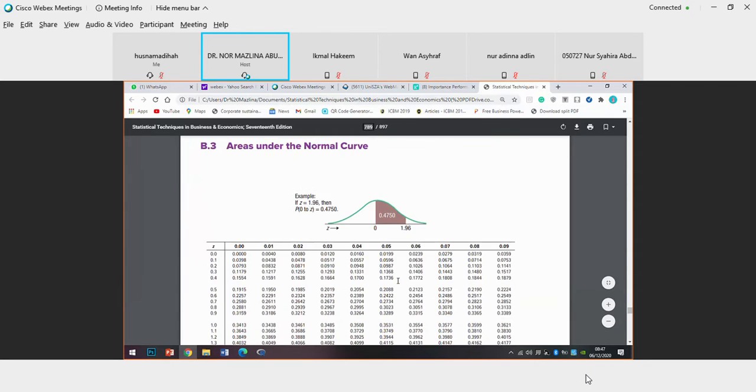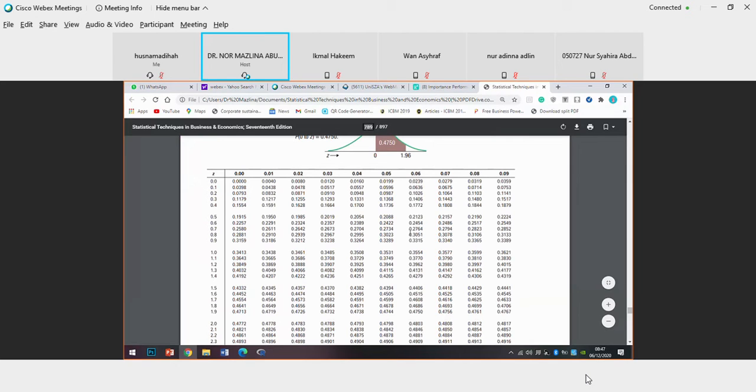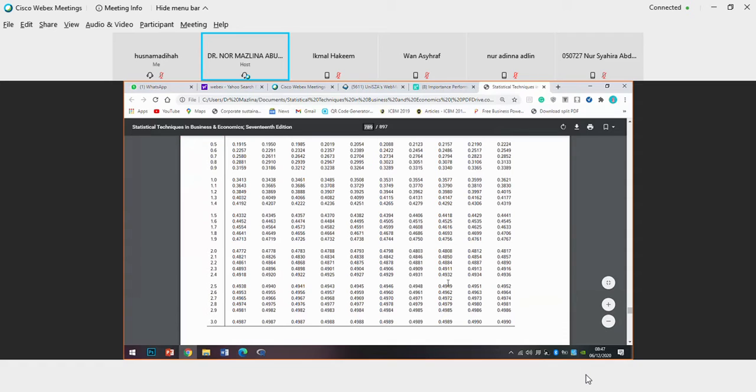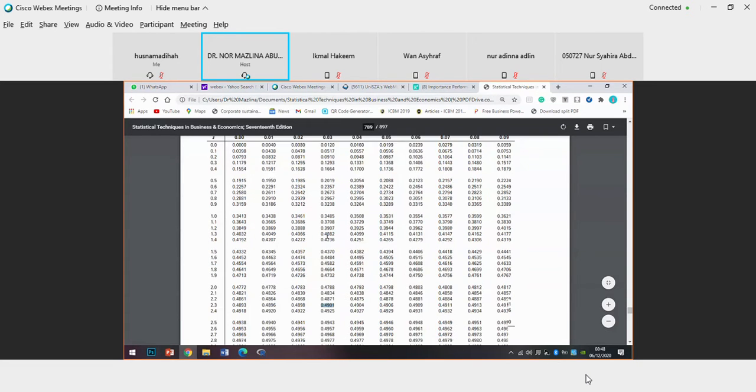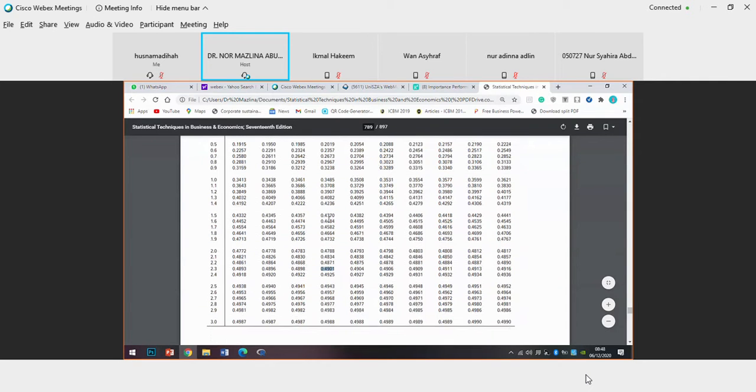Now if you look at the probability in here, refer to the probability in this table: 0.49. Is it 2.3? 2.33. 0.49. Where can't I find it? 0.49. You see, this is the closest value. 0.49, 2.33.